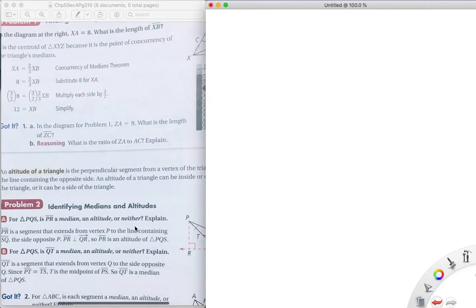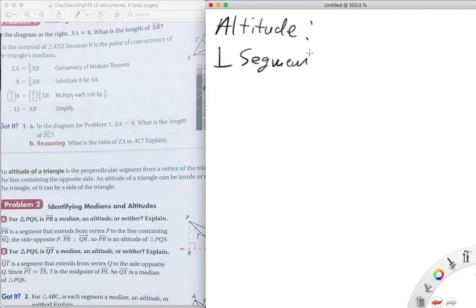Altitude. Altitude is a perpendicular segment from the vertex to the line containing the opposite side. So altitude: perpendicular segment from the vertex to the opposite side.